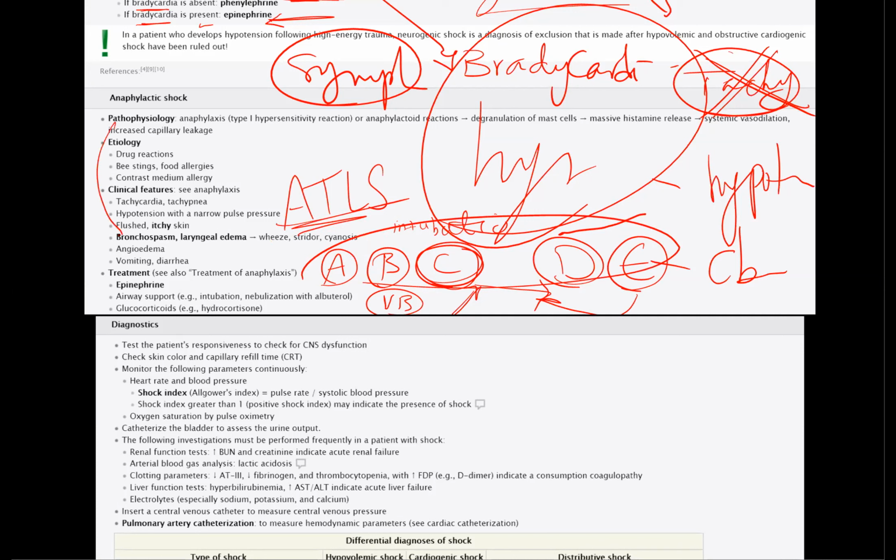So treatment is by ABCDE. The mainstay is epinephrine IM, and as we said, airway support, even intubation, or nebulization with a beta agonist like albuterol or salbutamol, then epinephrine and glucocorticoids.